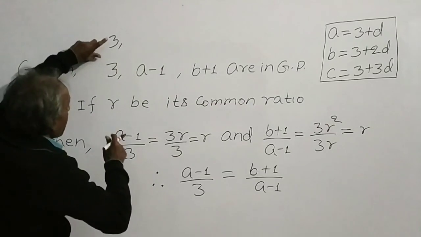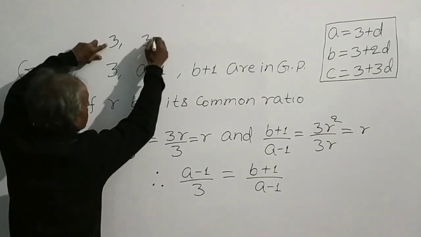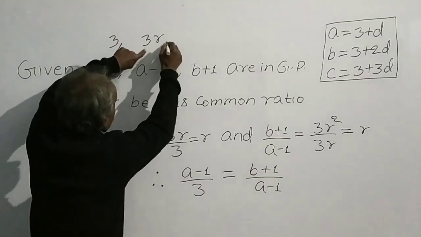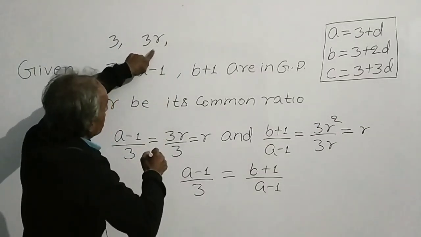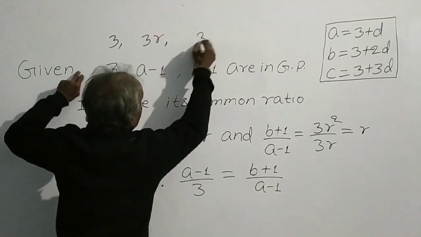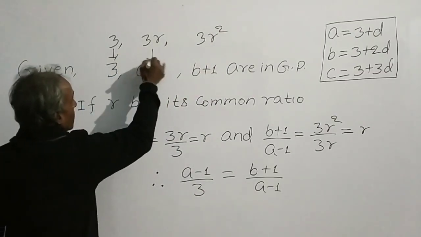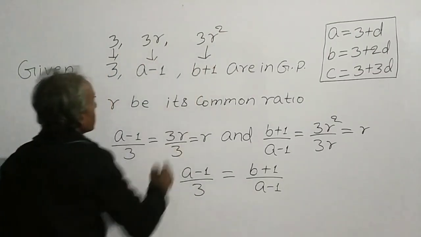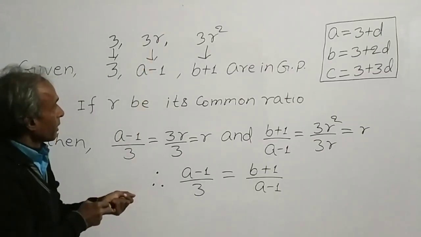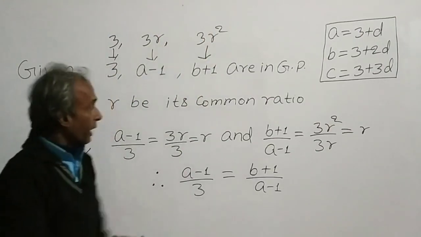When we multiply this by R, we get the next term 3R. Again we multiply this term by R, that means by the common ratio, and we get the next term 3R square. Therefore, A minus 1 is equal to 3R, B plus 1 is equal to 3R square.